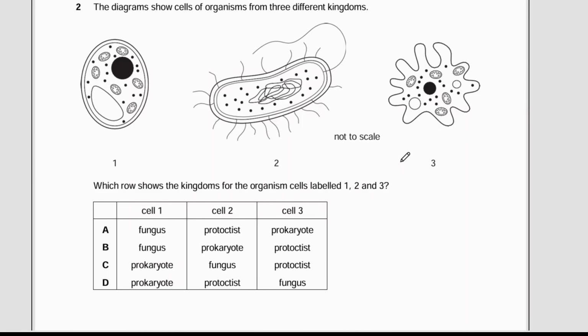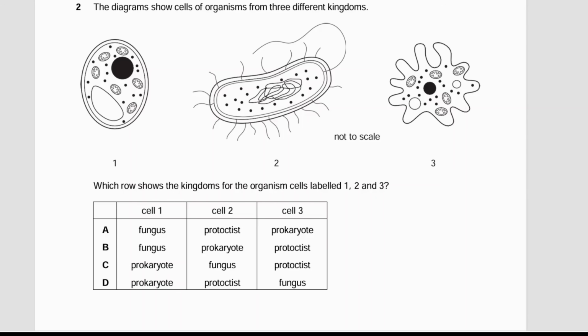Okay, and what made you think it's a fungus? There is one property of fungus which is similar to plant but not similar to plant. No, it has a cell wall but made up of something different. Exactly.